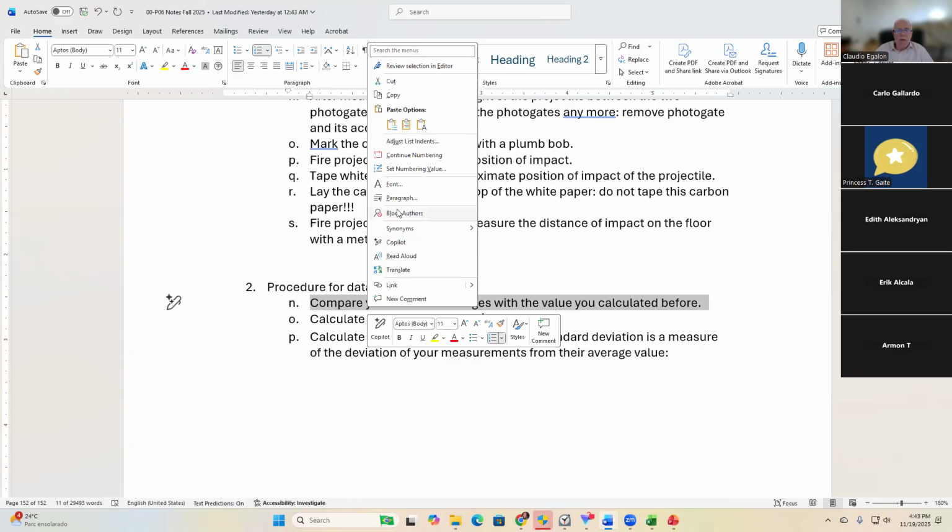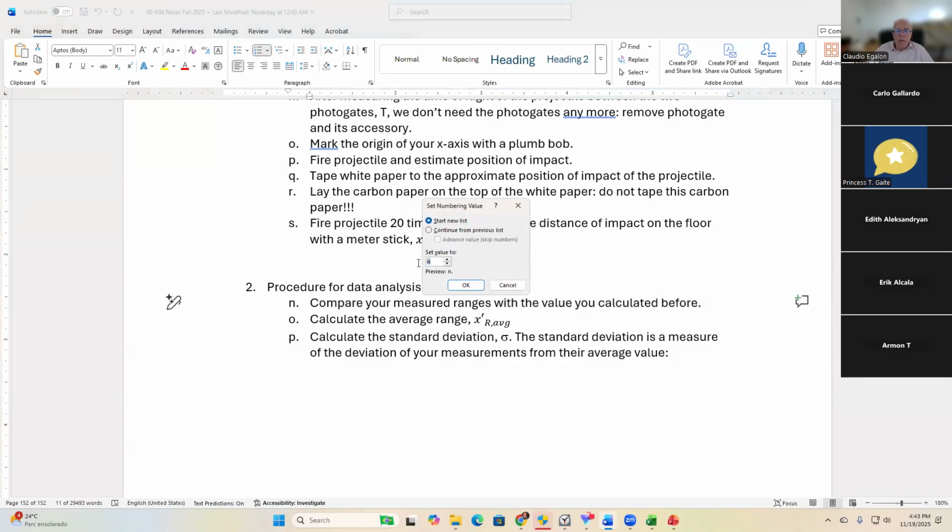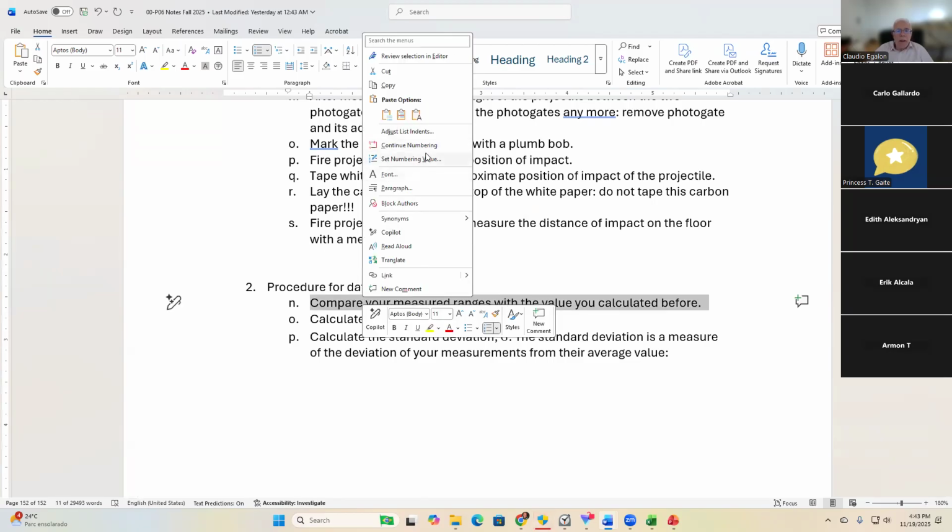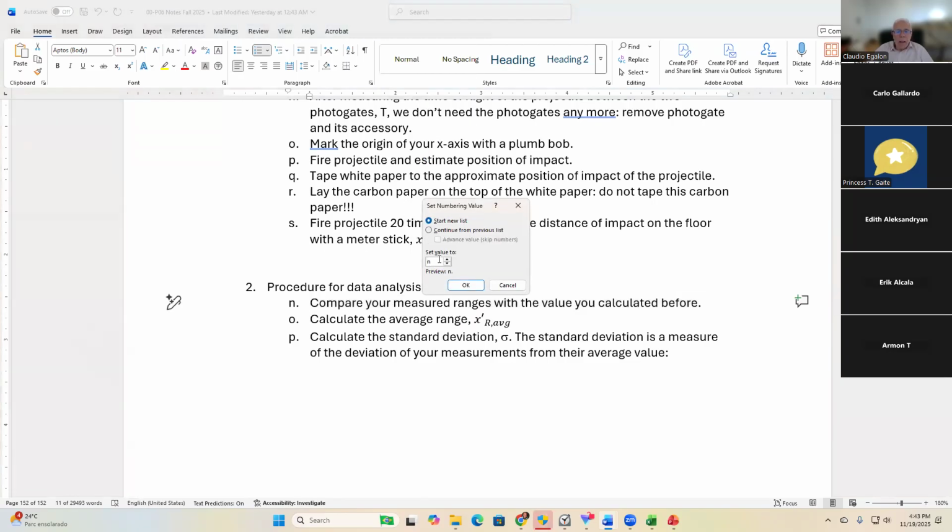We are going to start with set numbering value A. Oh man, let's try it again. Why is it not changing?